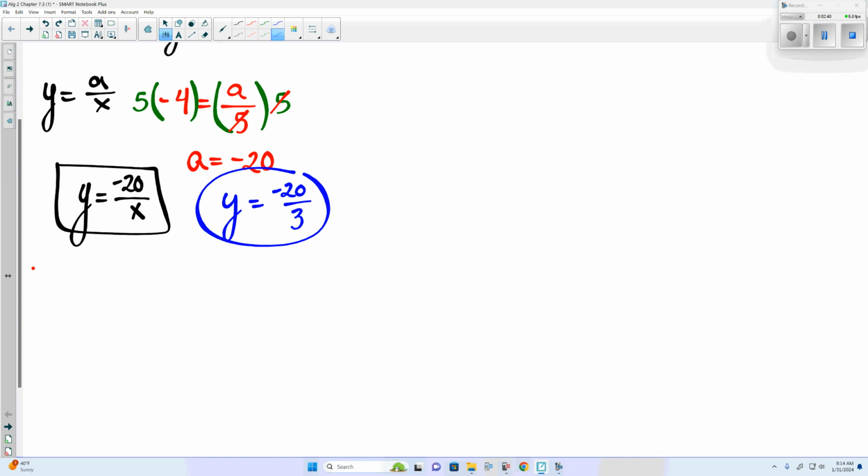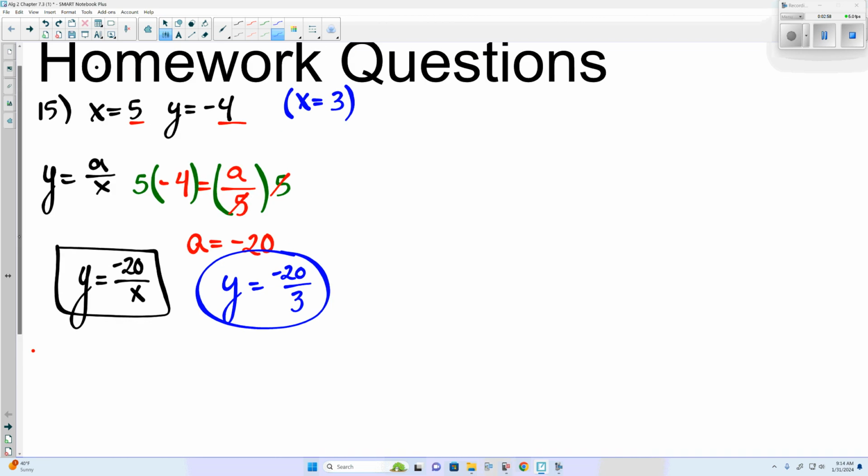Since it doesn't reduce, that's our final answer. If it did reduce, then we would reduce it. But because it's thirds, we can leave it as this. I wouldn't convert it to a decimal because we would have a repeating decimal going on forever. But that's it. So y equals -20 over x, and y equals -20 over 3.